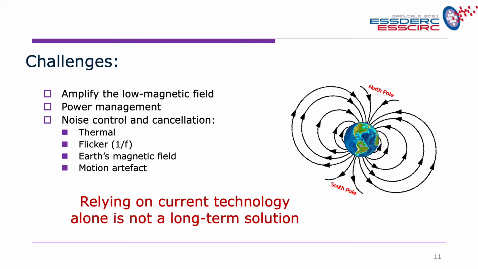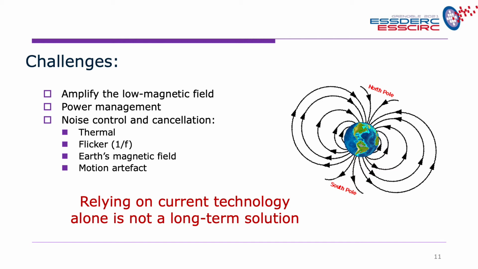We have different noise associated with magnetic sensors, including thermal noise, flicker noise, Earth's magnetic field, as well as movement or motion artifact, which is specific to applications like implantable or wearables, where we have movement.